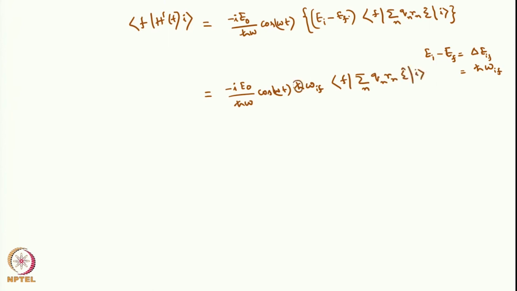Now, this h bar omega and this h bar shall get cancelled. So, what you will get is minus i E naught cos omega t omega i f by omega. So, this is a very important term, remember, and f sigma over n q n r n i.